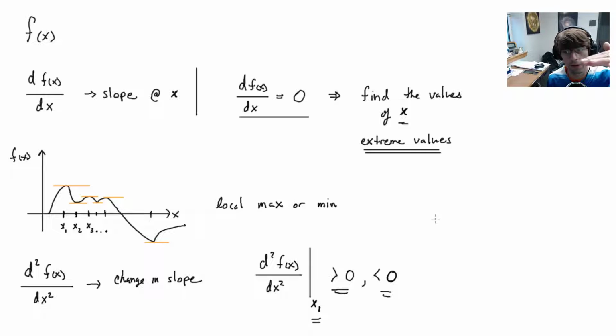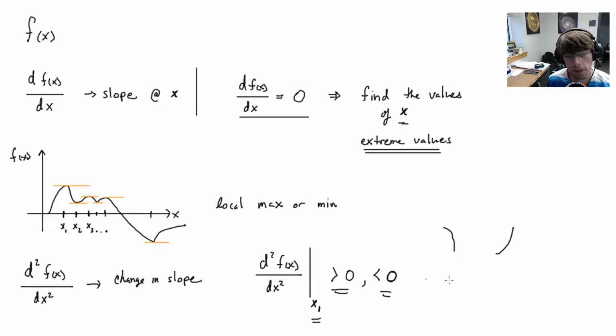Conversely, if I have a negative value, then whatever my slope is, it's continually decreasing. So a negative value will be associated with a slope that decreases, and a positive value will be associated with a slope that's increasing.